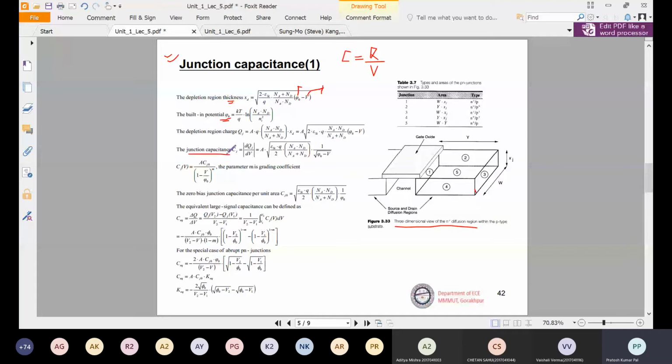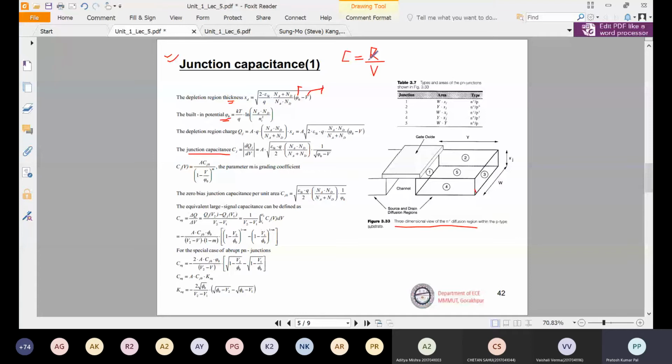Why is it called junction capacitance? Because at each interface, or each surface, there will be a junction with other components, a junction between two other layers. These junctions generate junction capacitance, given by total charge divided by the voltage.